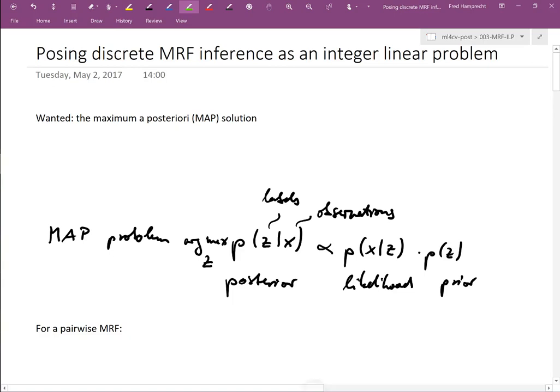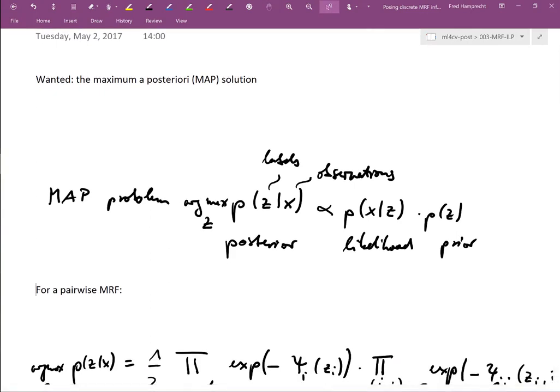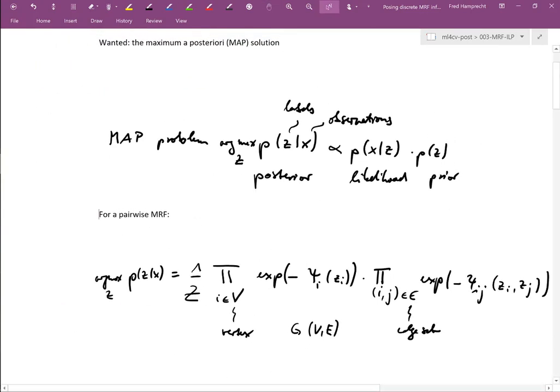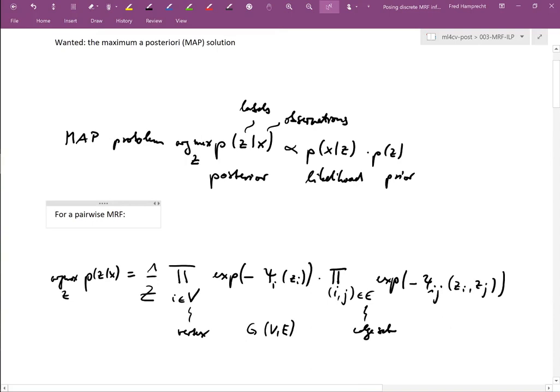So it's really without loss of generality that I'm now illustrating it for a pairwise Markov random field. And here I have written out what this family of probability distributions of undirected graphical models with only pairwise factors looks like.